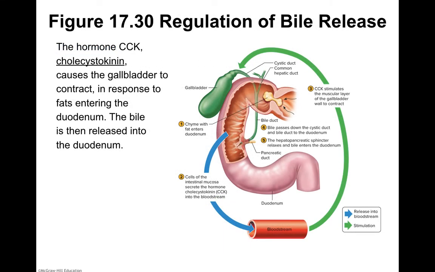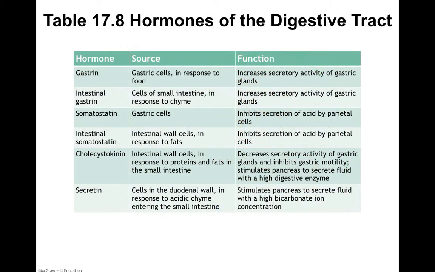The hormone CCK, cholecystokinin, I know I said I'd never say it again, causes the gallbladder to contract in response to fats entering the duodenum, and bile is then released into the duodenum. So here are some hormones that have an effect on the digestive tract: gastrin, intestinal gastrin, somatostatin, intestinal somatostatin, cholecystokinin, CCK, secretin. And I again encourage you to review these tables as you go through and do your work and reading.